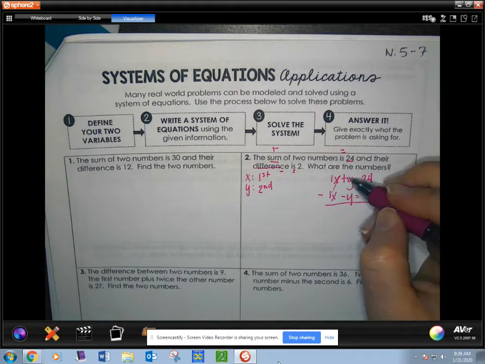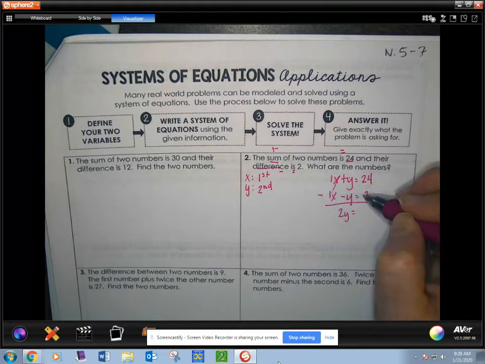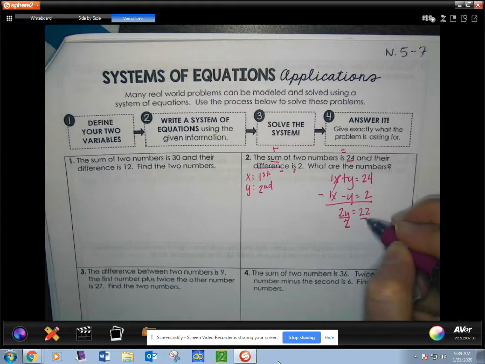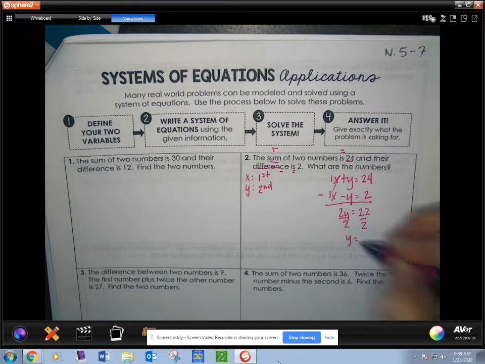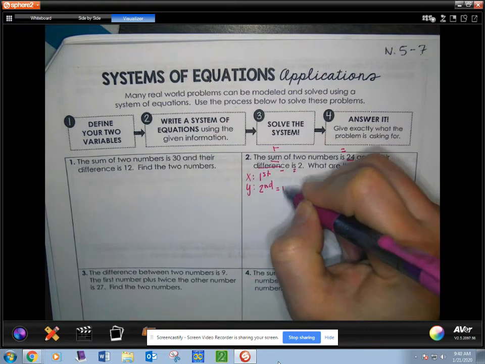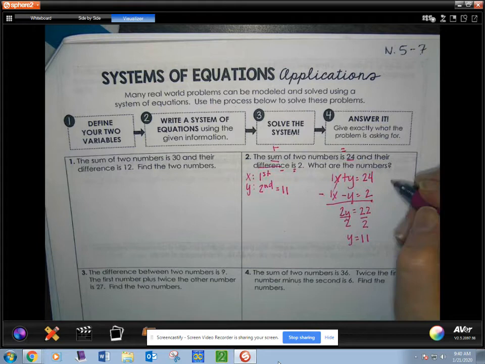And then if you do 1 minus negative 1, that becomes 2y. And if you do 24 minus 2, that becomes 22. Then all you have to do is divide by the 2, and y equals 11. So I'm going to come up here where the second number is, and I'm going to put 11 because I now know that that number is 11. Then I take that and just plug it back into one of the original equations.